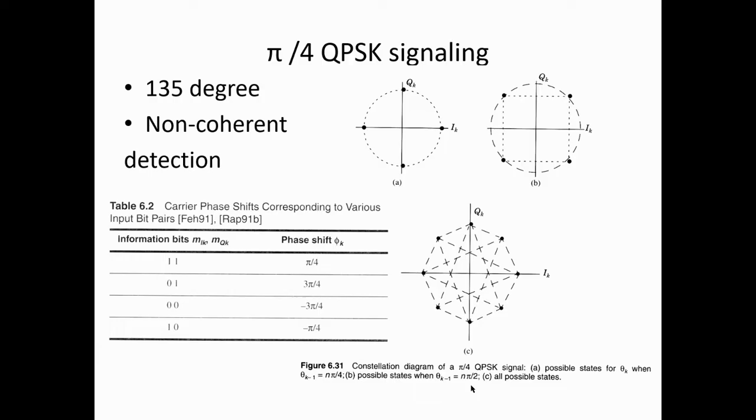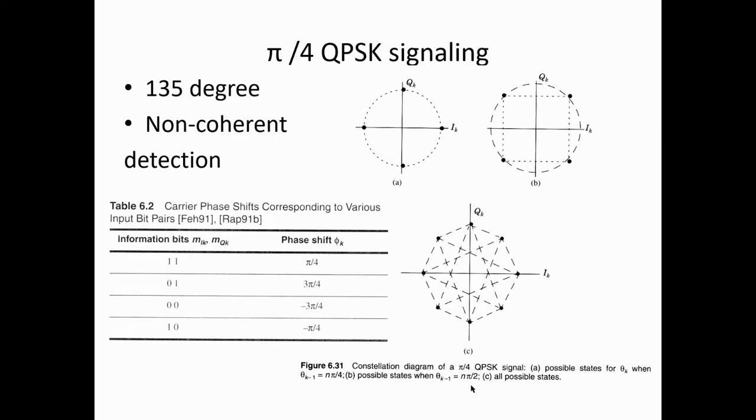Here in pi by 4 QPSK, the two bits are the in-phase and the quadrature bits. If the information bits are 1 and 1, both in-phase and quadrature phase are 1, then we provide a phase shift of pi by 4. If the information bits are 0 and 1, then we use a phase shift of 3 pi by 4. If both in-phase and quadrature phase components are 0, then we use a phase shift of minus 3 pi by 4.